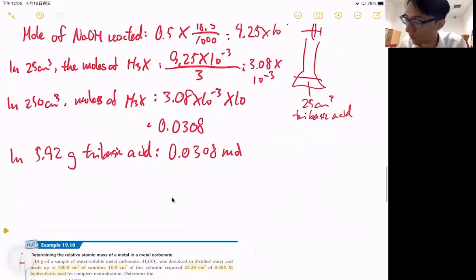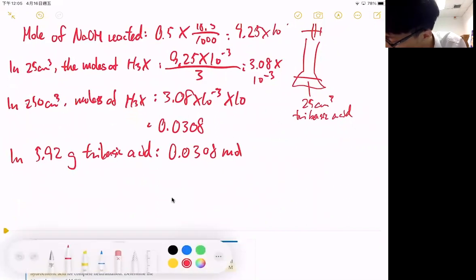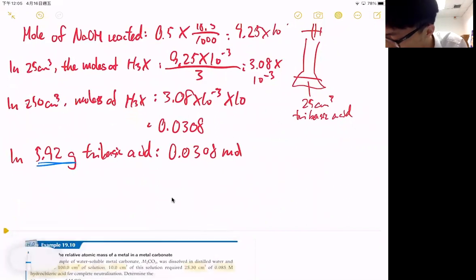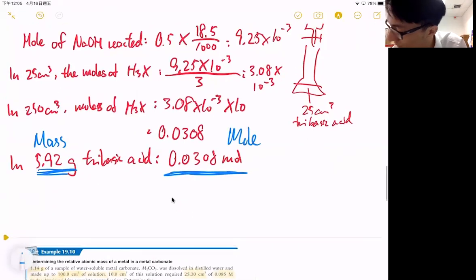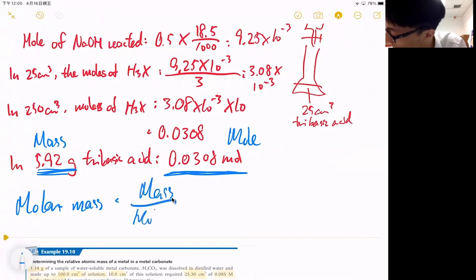And finally, what we have is the mass and also the number of moles. So you're going to calculate the molar mass of the acid, right? The molar mass will be the mass divided by the moles.